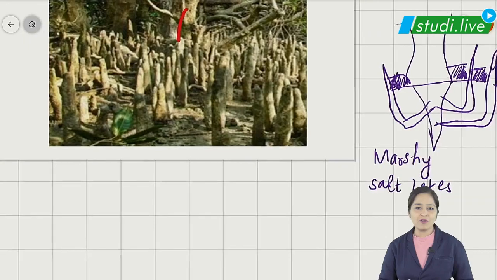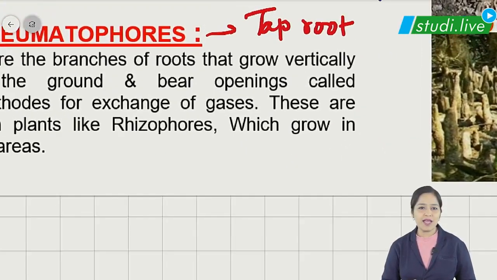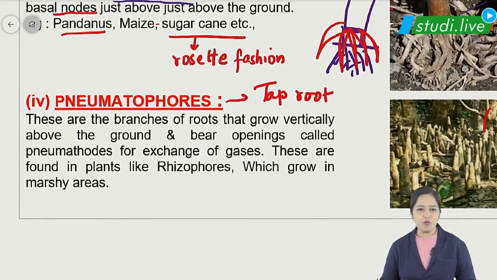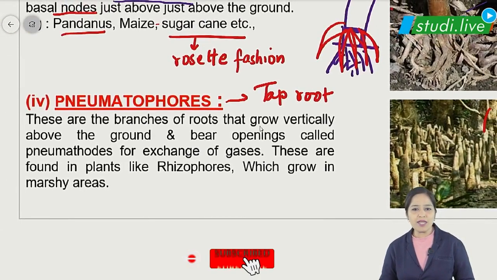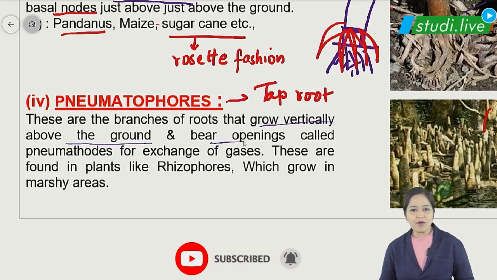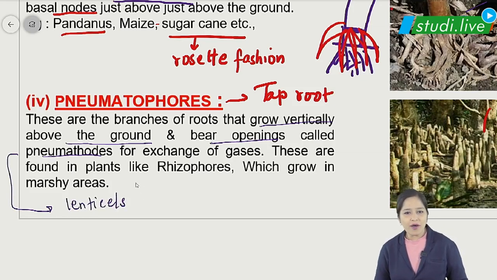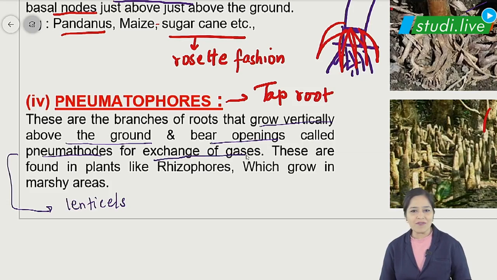So that is why they are called pneumatophores. These are branches of the roots which grow vertically above the ground and bear openings, called pneumathodes or lenticels, for exchange of gases.